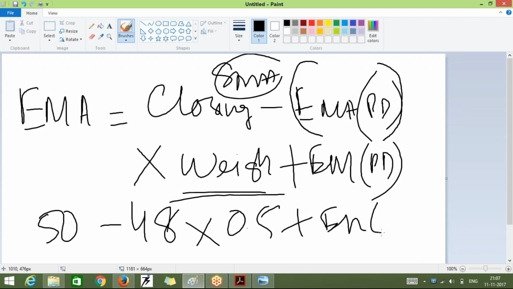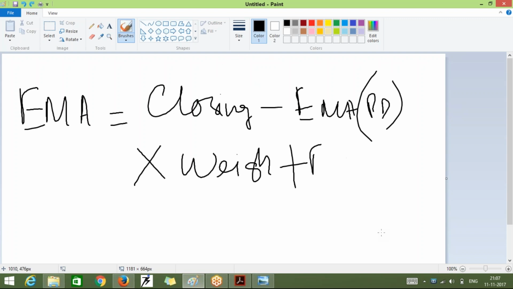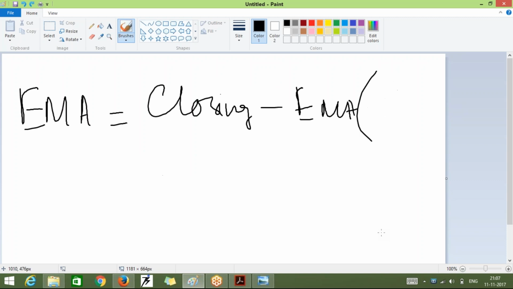That is why it makes the EMA more popular than the SMA. So if at all you are going to trade a crossover, or you want to know the support and resistance, it's better to go by an EMA rather than an SMA.